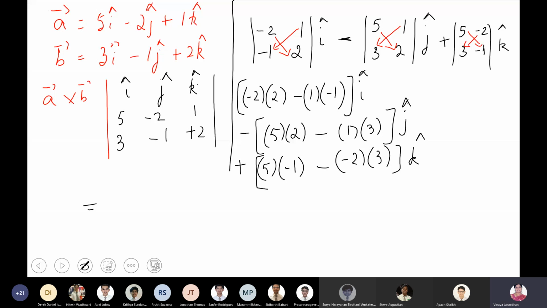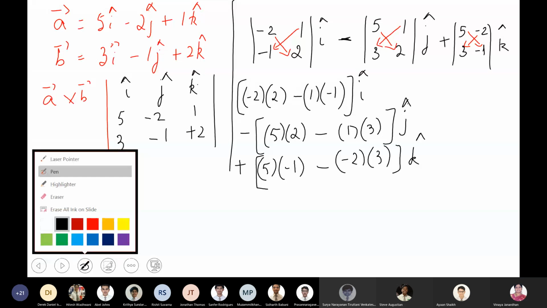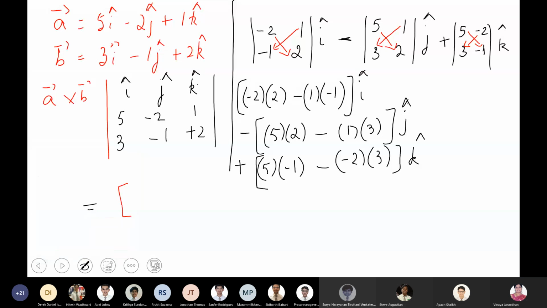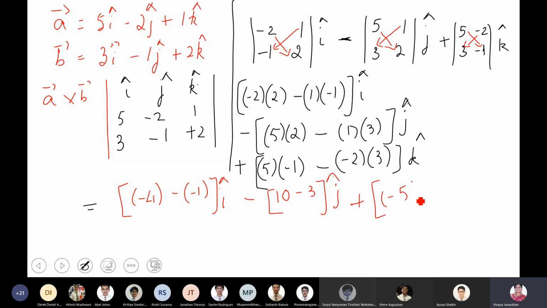So totally, what will you get, boys? -2 into +2 minus 4 minus of -1 I cap, minus 5 into 2 is 10, 10 minus 3 j cap, plus 5 into -1 minus 5 minus into minus plus 6 k cap.